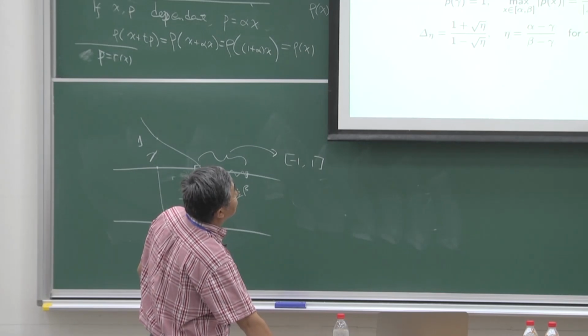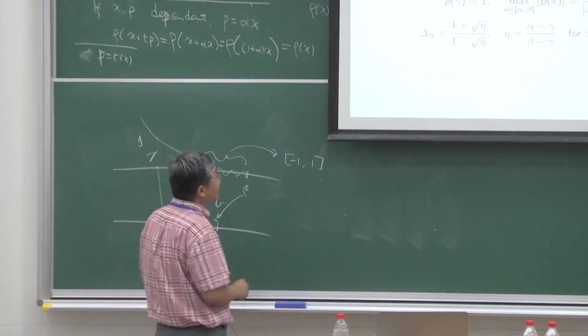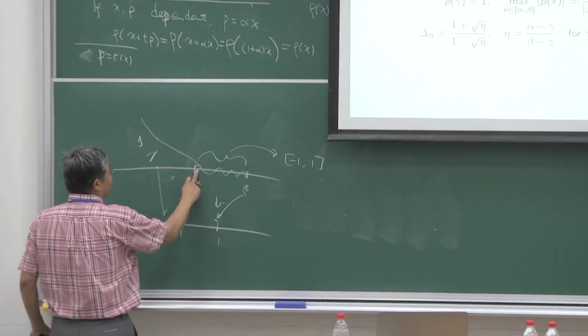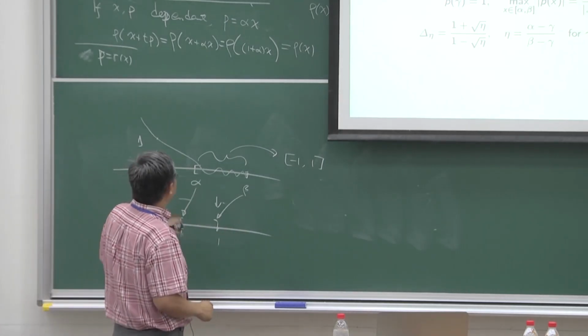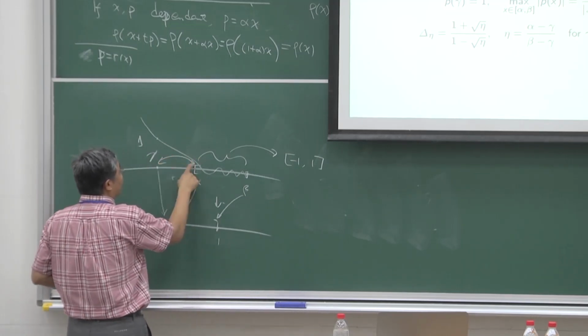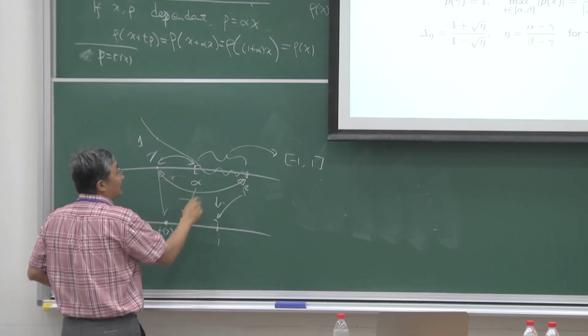You can calculate that, all right? Then you look at this eta. Look at gamma. So if gamma is less than alpha here, the eta equals the distance between alpha and gamma over the distance between gamma and beta.